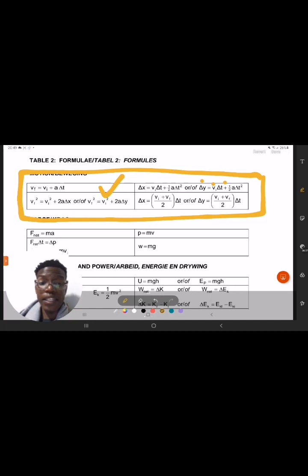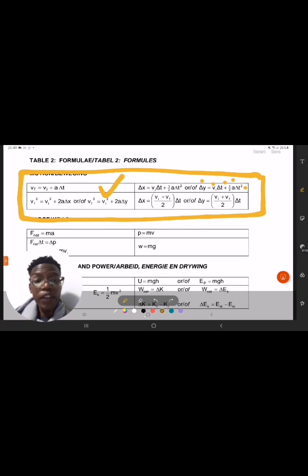Yes, delta t is 4 seconds, been given to us. Do we have a? Yes, a is minus 9,81 meters per second squared. Do we have delta t squared? Yes, delta t squared is time, which is 4 seconds squared. Okay, so it seems like, yes, we can use this equation as well.